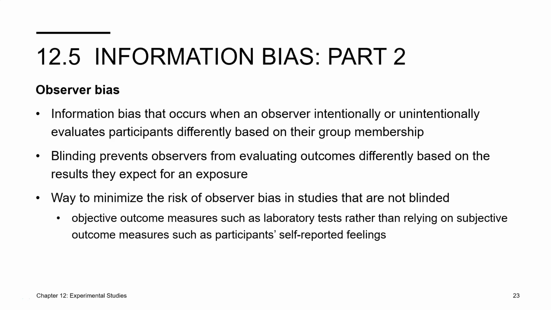Ways to minimize the risk of observer bias in studies that are not blinded include using objective outcome measures such as laboratory tests rather than relying on subjective outcome measures such as participants' self-reported feelings.